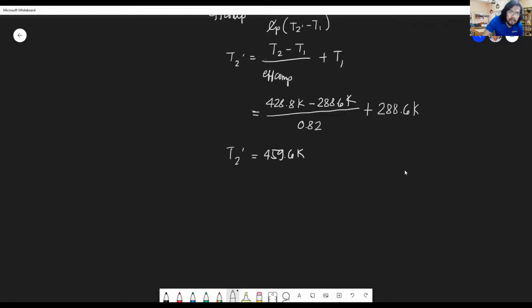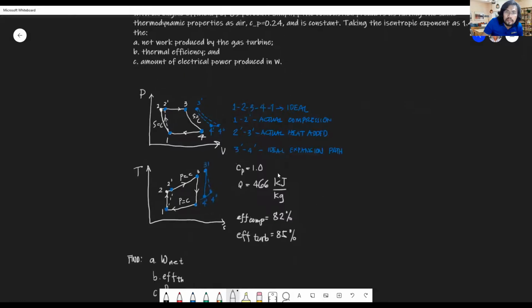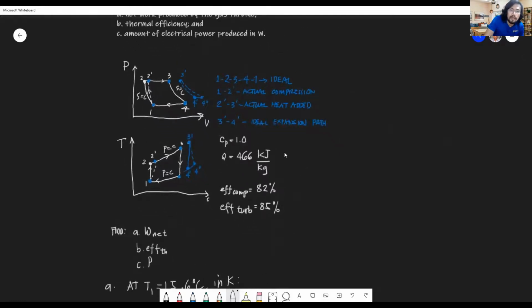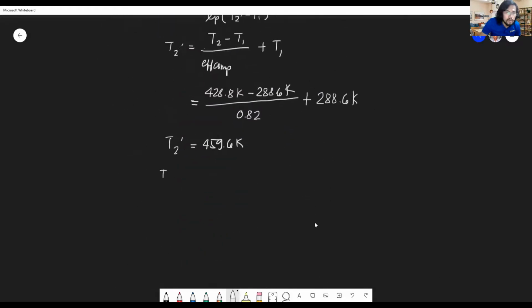So T2 prime is, okay, the addition of heat, right? So we have to use the Q, right? So the Q is involved with the CP.